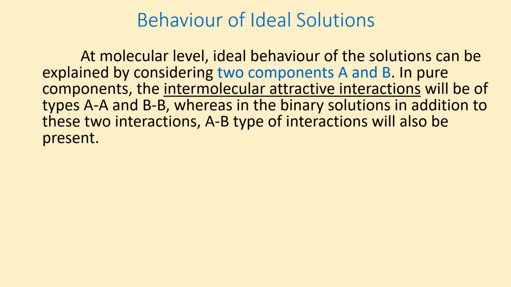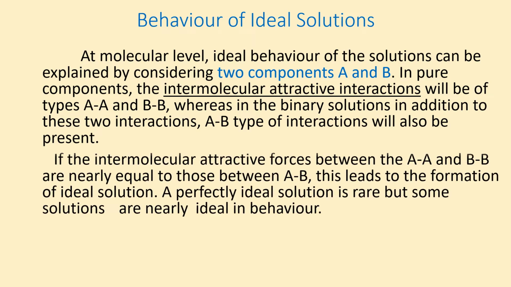At the molecular level, ideal behavior of solutions can be explained by considering two components A and B. In pure components, the intermolecular attractive interactions will be of types A-A and B-B, whereas in binary solutions, in addition to these, A-B type of interactions will also be present.